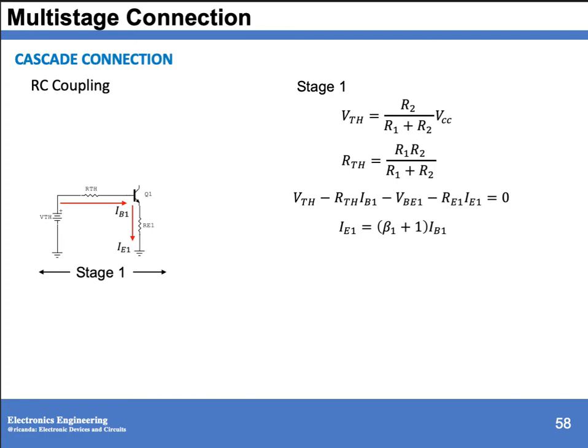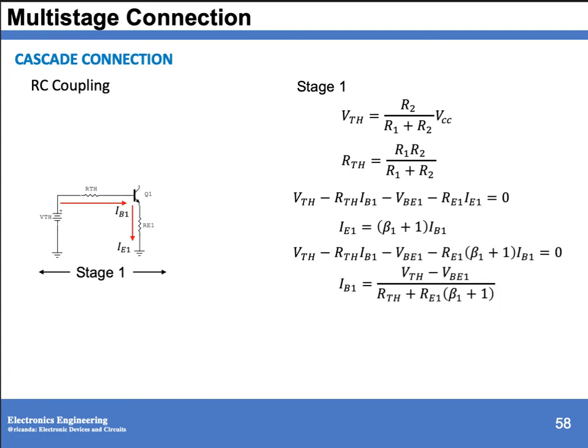Substituting that and solving for IB1, we have IB1 equals VTH minus VBE1 all over RTH plus RE1 times (beta 1 plus 1).